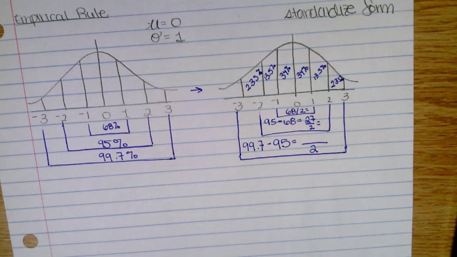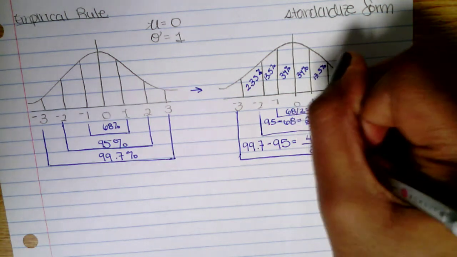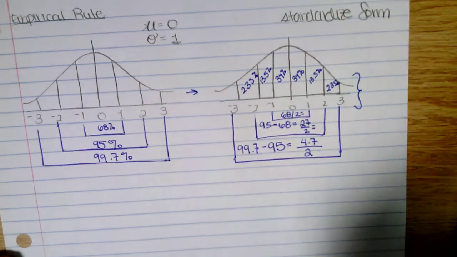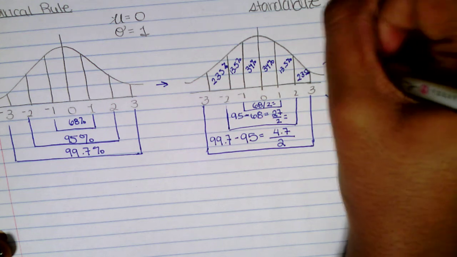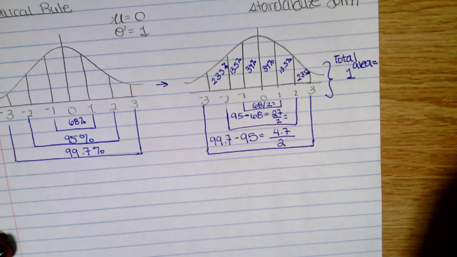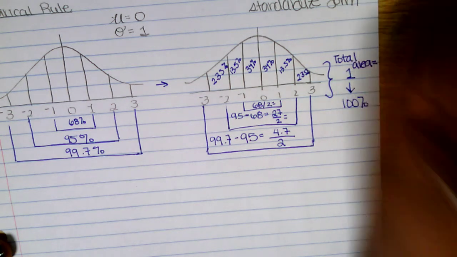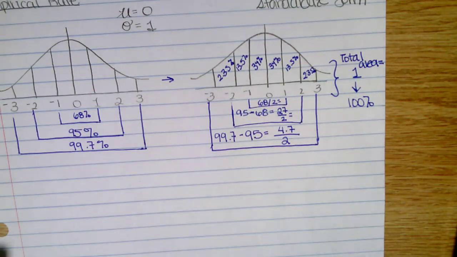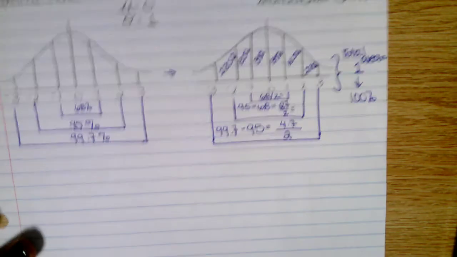Now we know that the total area under the curve is equal to 1. This is also 100% if we're talking in percentages. So we've accounted for mostly everything, but there's still a little bit that we haven't talked about.